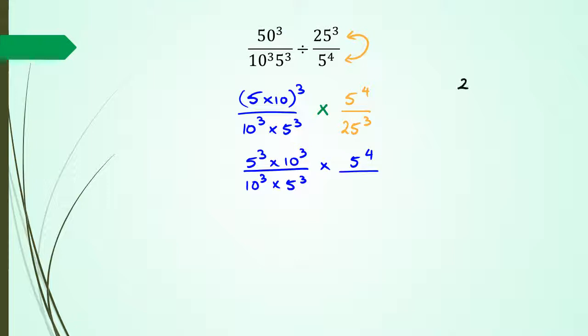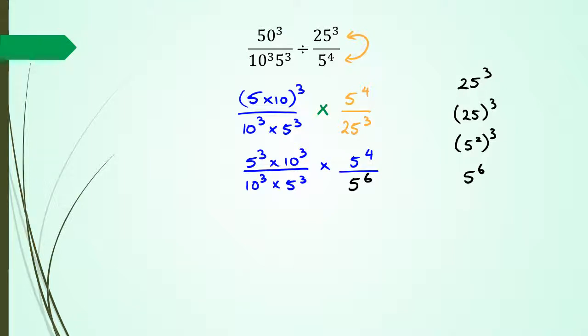So I can rewrite this as 5 squared, to the power of 3. Now 5 squared to the power of 3 is actually 5 to the power of 6, and that's what I'm going to replace in the denominator here.